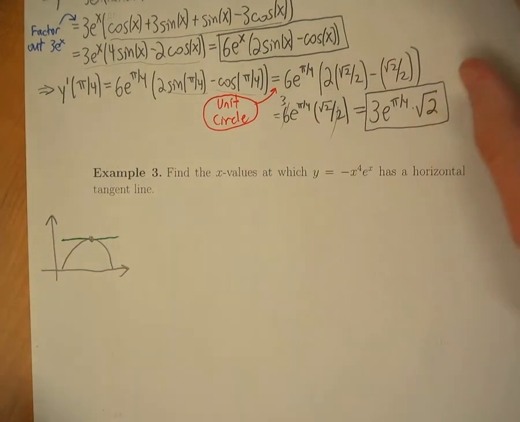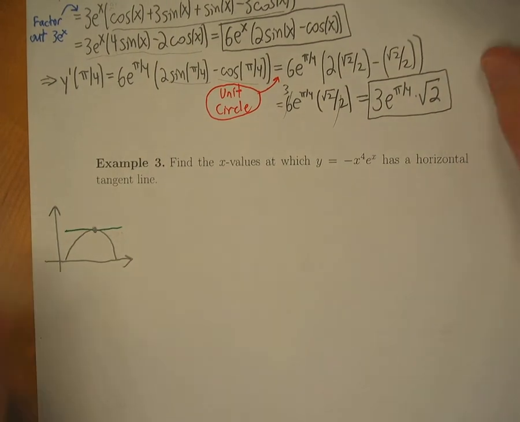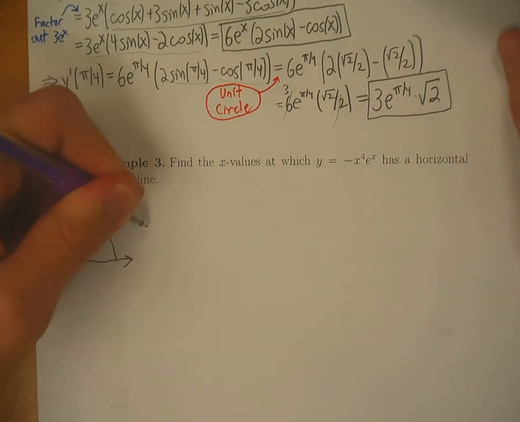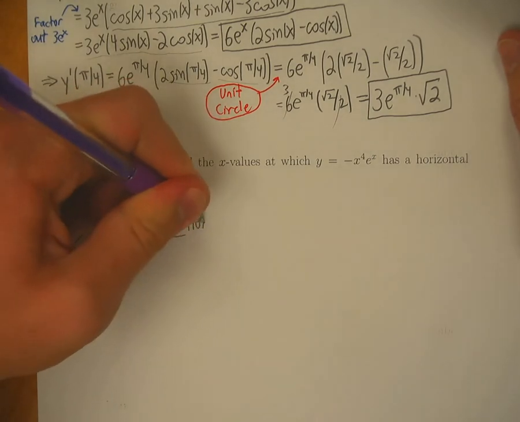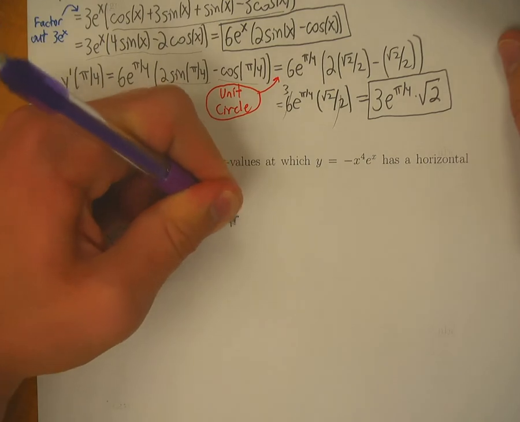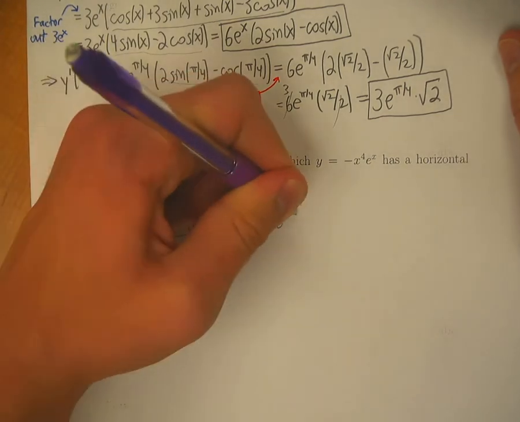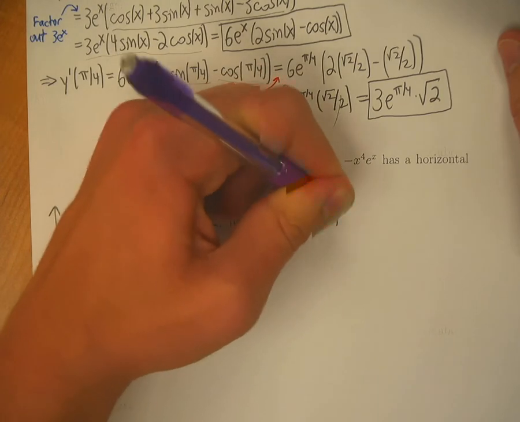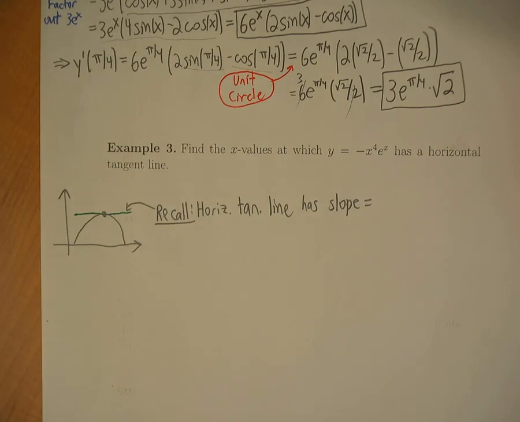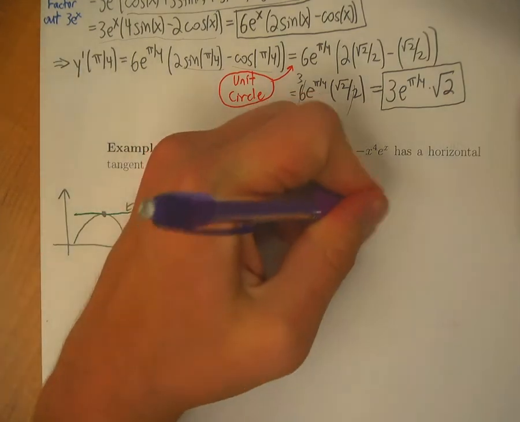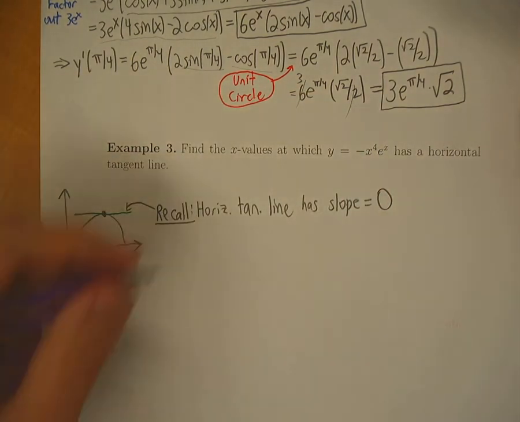So if we recall from last time, a horizontal tangent line has slope equal to what? What do we say about the slope of a horizontal line? It's 0. Yeah, just big fat 0, right?